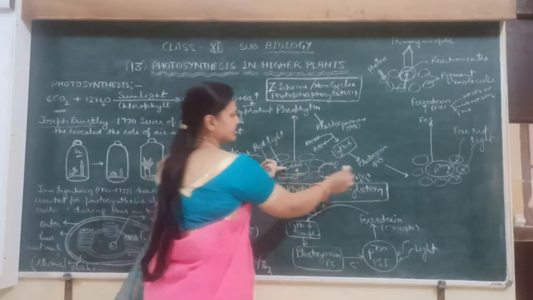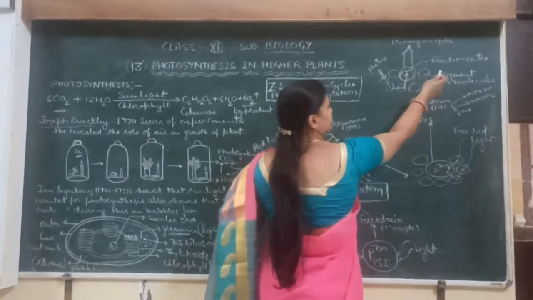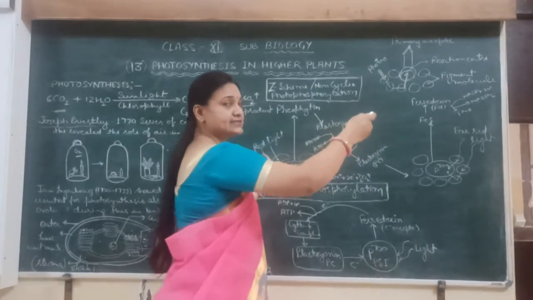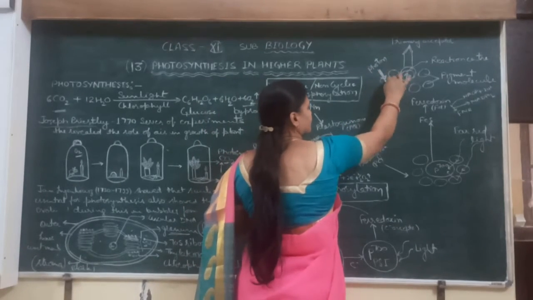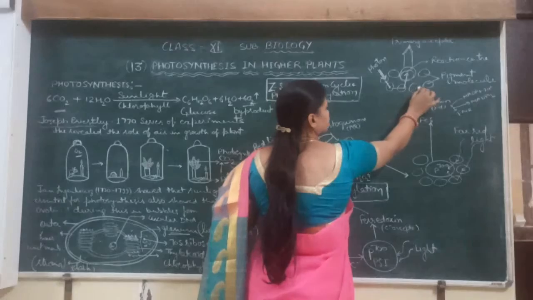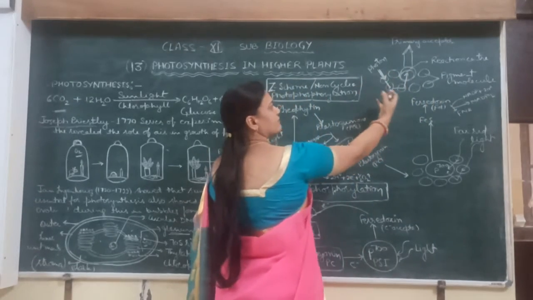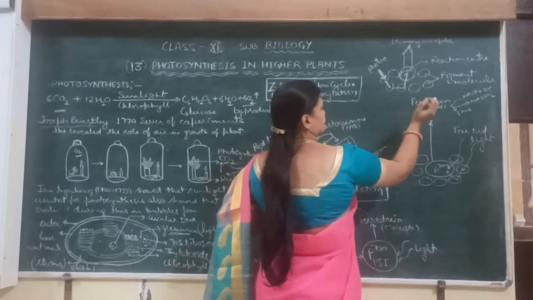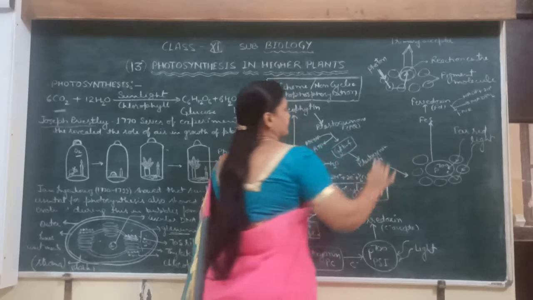There are two reaction centers, P700 and P680. So what happens? Sunlight comes in the form of photons to nearby cells, the mesophyll cells, and the chlorophyll molecules absorb it and give it to the reaction center. And the reaction center gives the electrons to the primary acceptor.